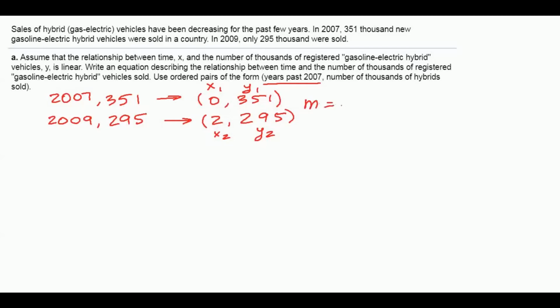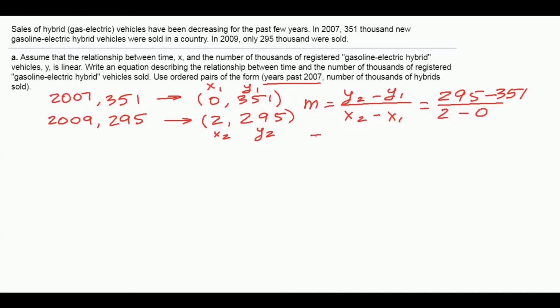M equals y2 minus y1 divided by x2 minus x1 equals, I plug y2 is 295 minus y1 351, then denominator x2 equals 2, x1 equals 0.